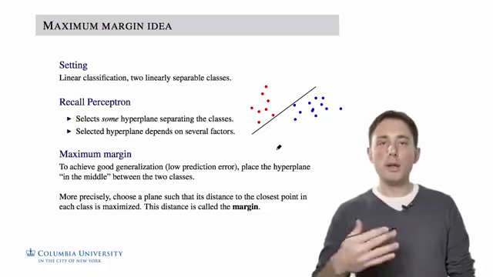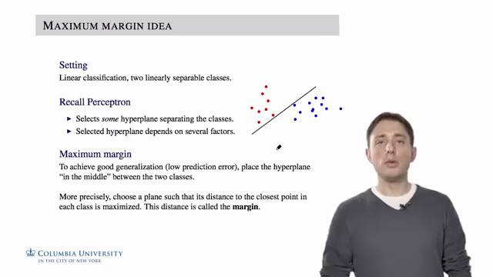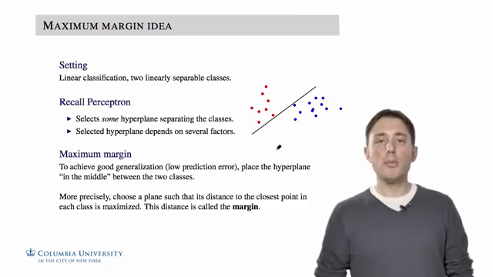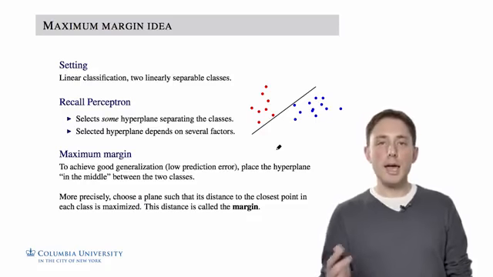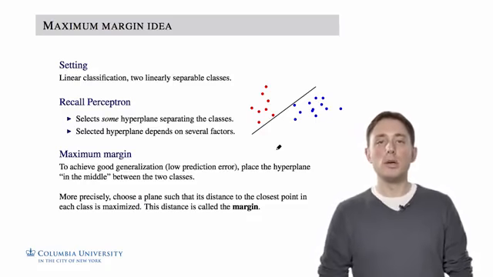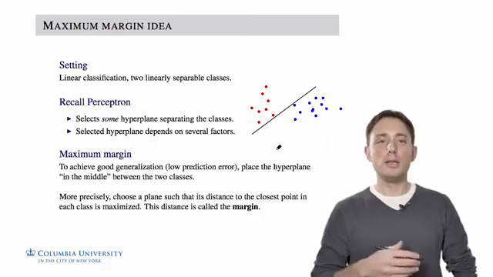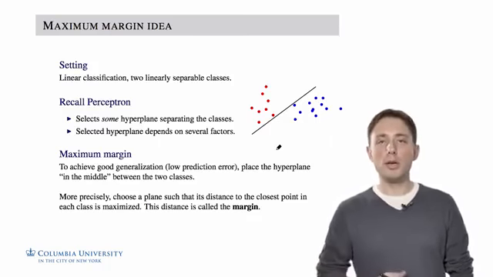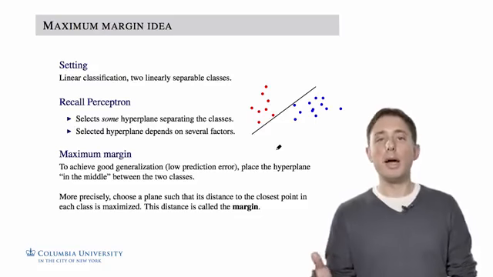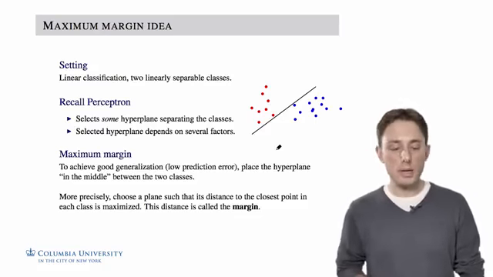But running the perceptron algorithm, it will find the first hyperplane that it comes across and then terminate. So it just finds a hyperplane that separates the two classes, but it doesn't really give any sort of weight to one hyperplane over the other. Any separating hyperplane is equally good as far as the perceptron is concerned.